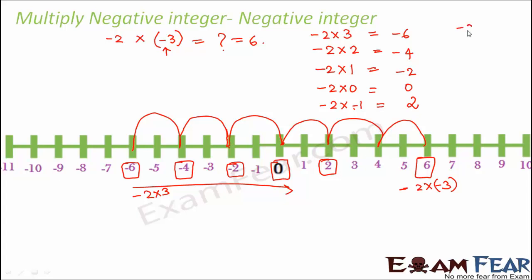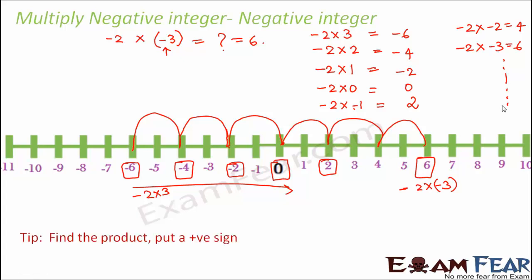Similarly, minus 2 into minus 2 is going to be 4, minus 2 into minus 3 is going to be 6, and so on. So this proves that whenever we multiply two negative integers, the result is always a positive integer. So the simple tip to remember here is, whenever you are multiplying two negative integers, simply find their product and put a positive sign.